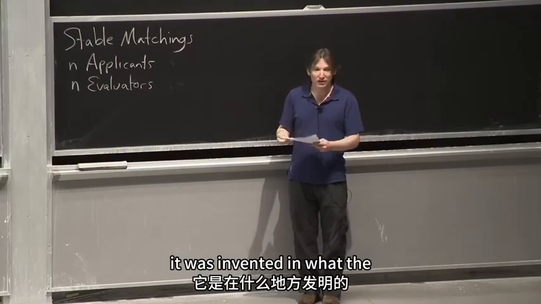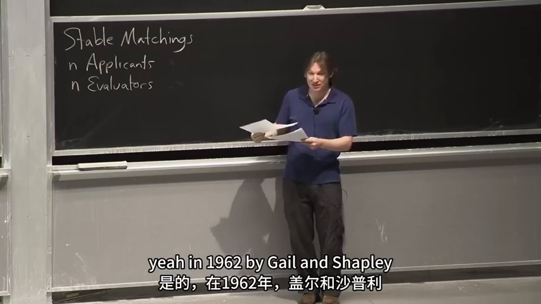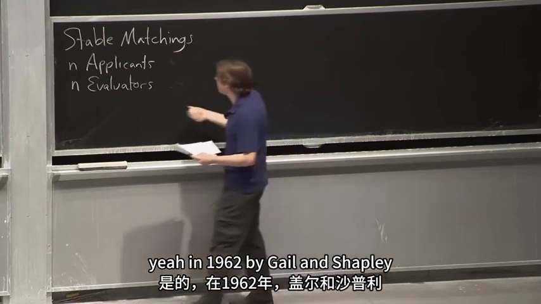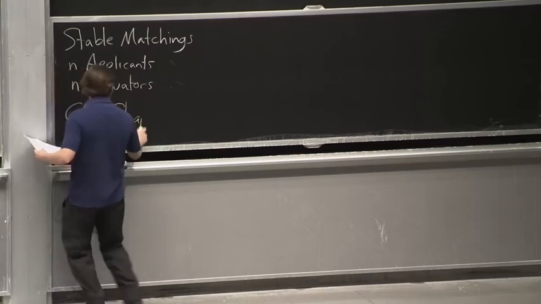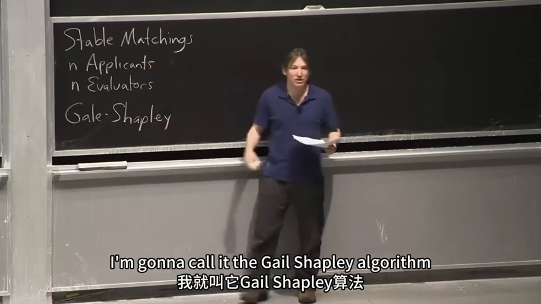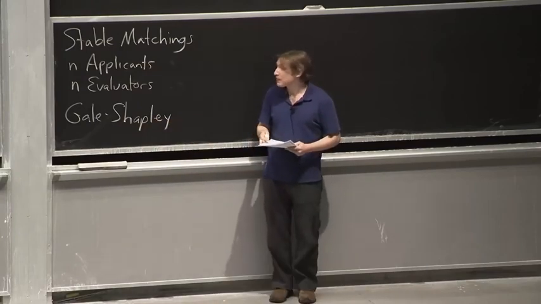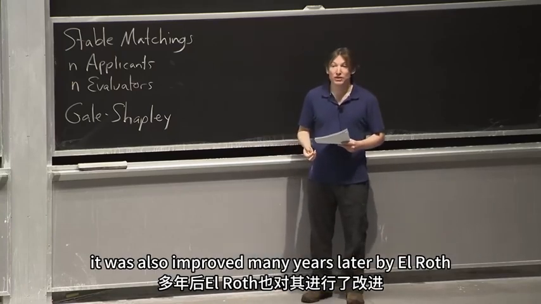It was invented in 1962 by Gale and Shapley. That's two people. I'm going to call it the Gale-Shapley algorithm. It was also improved many years later by Roth.